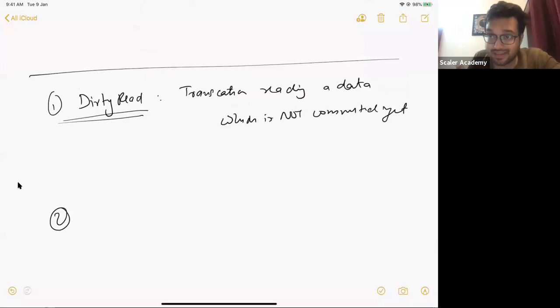So are you saying that this will only create a problem if the abort of one transaction happened? Lokesh, that's not true. By definition, it simply means that you are reading something that has not been committed. Will it cause a problem or not? That's for different scenarios. You can look at different scenarios to realize whether it causes a problem or not. Cool.